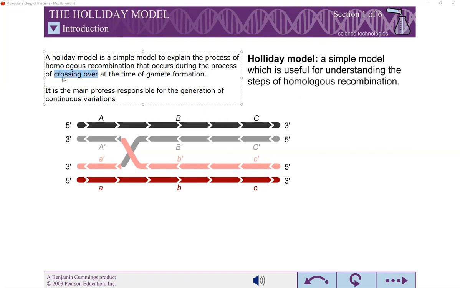What is crossing over? Crossing over refers to the exchange of chromosomal segments between non-sister chromatids of the homologous chromosome. So if you look here, just a small diagram to show it to you all. In this diagram, if this is one chromosome, this chromosome has two different arms. This is one arm, this is another arm. This is the chromosome number one copy, and this has been inherited from the paternal side, that is from the father.